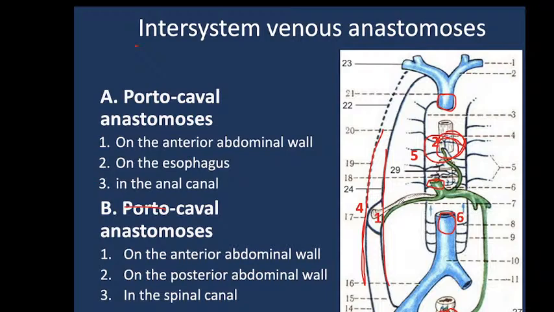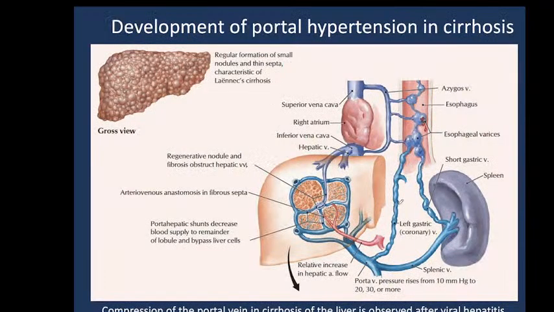Why did I tell you about intersystem venous anastomosis? Because we have one disease called cirrhosis. This is a post-viral disease which transforms hepatic tissue into connective tissue.